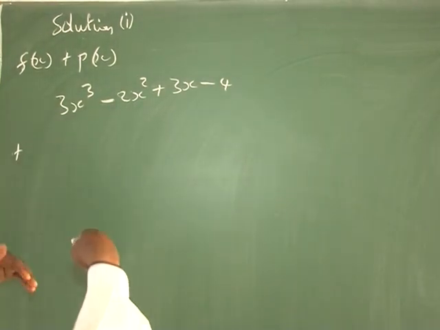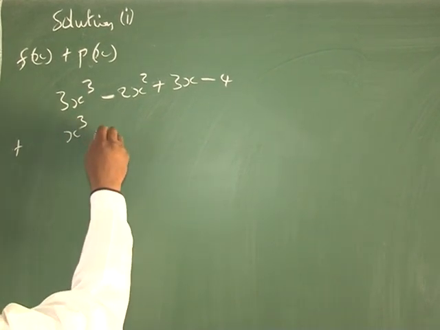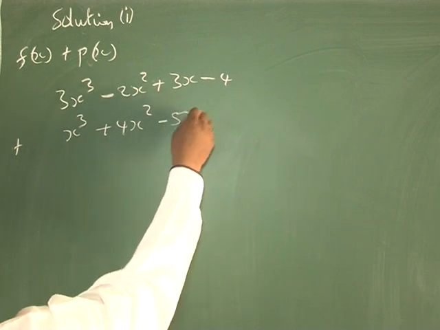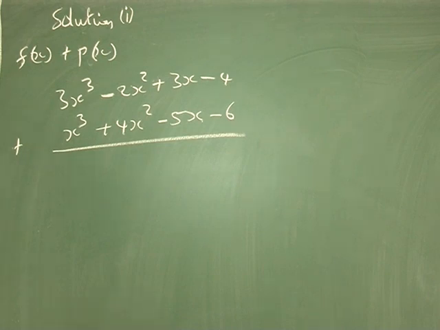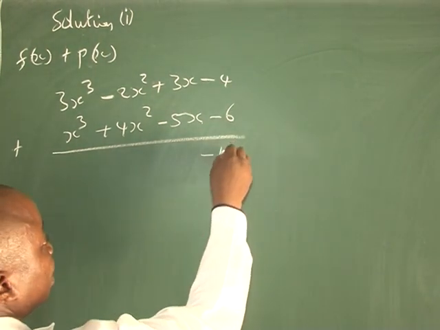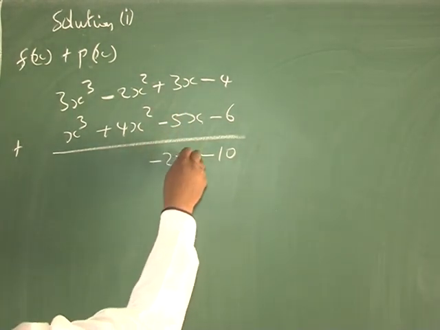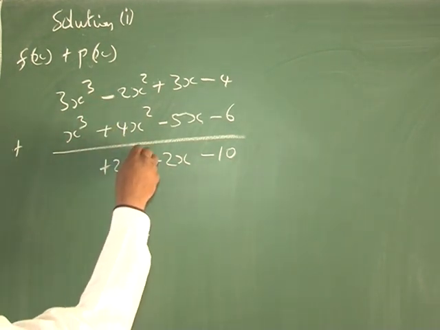So we are going to add it to p of x, which is x cubed plus 4x squared minus 5x minus 6. Now look at that. The normal addition of real numbers. Now if you add this, we have minus 10. If you add this, we have minus 2x. Adding this, we have plus 2x squared.